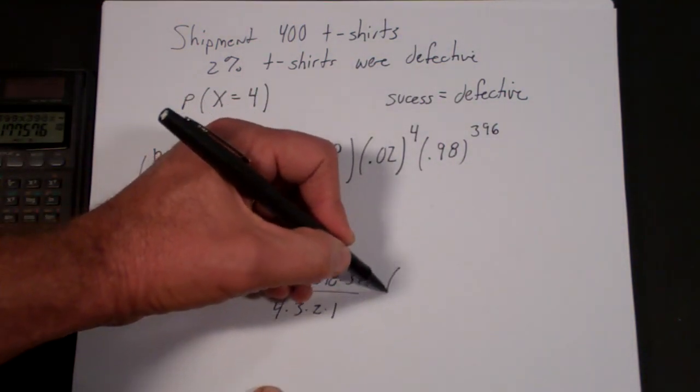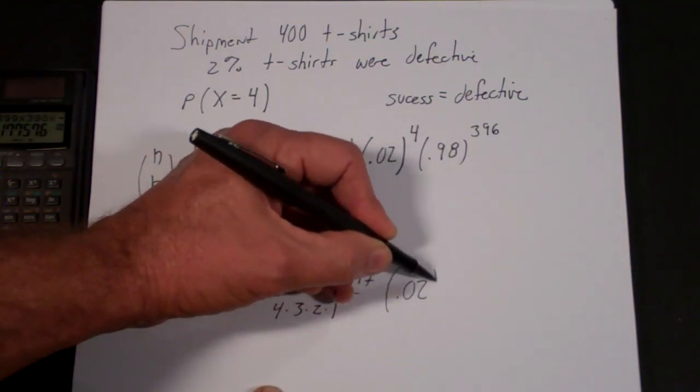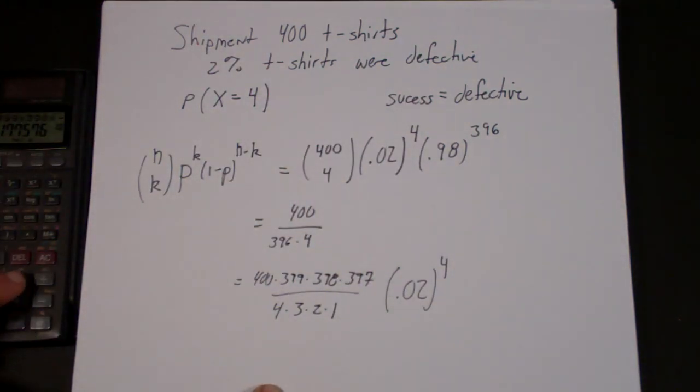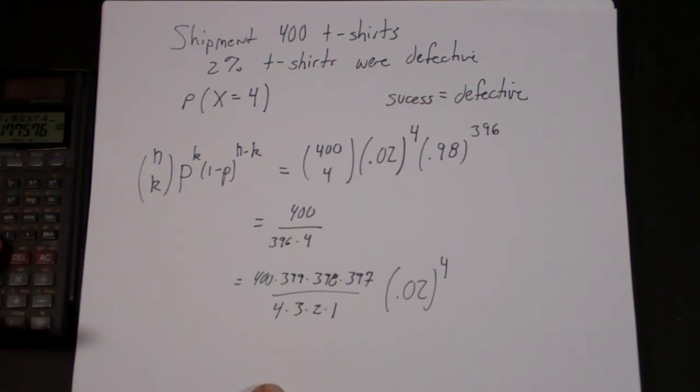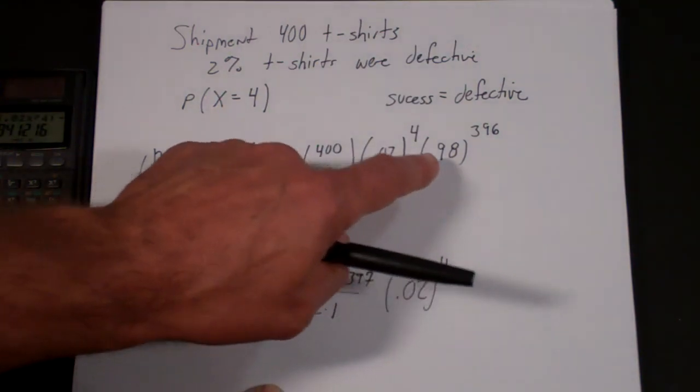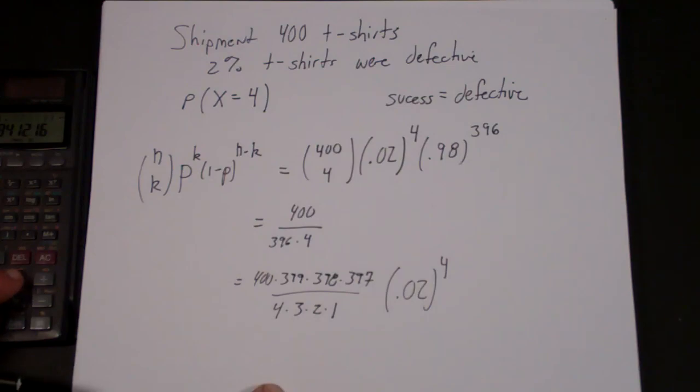And then I'm going to multiply that by 0.02 raised to the 4th. Make sure you do 0.02, not 0.2. And then you're going to multiply that by 0.98.